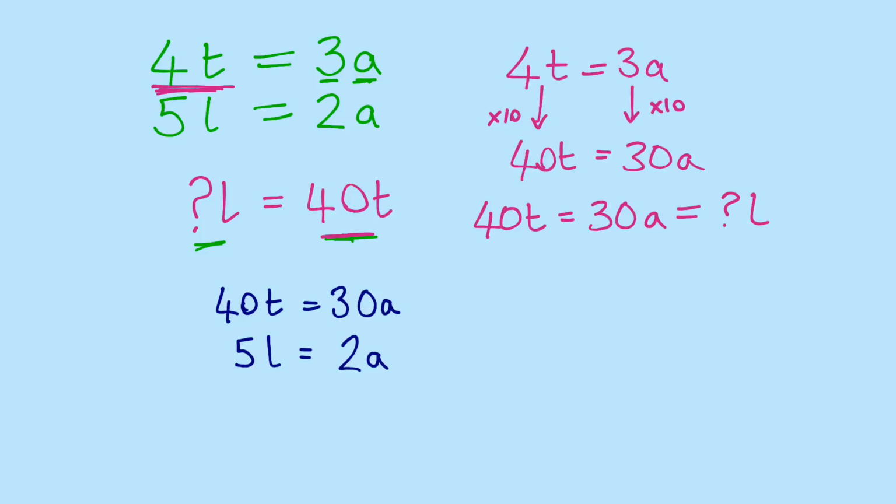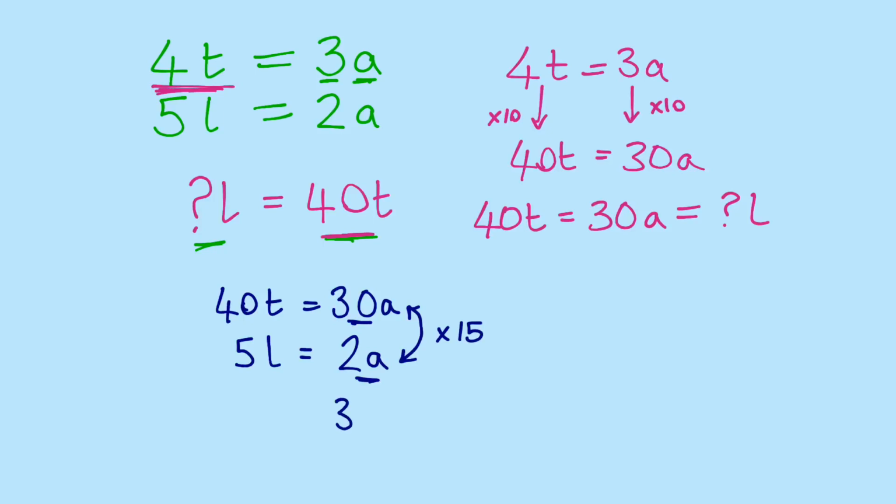So I now want to see what's the relationship between my apples here, 30 apples and 2 apples. How can I get from having 2 apples to having 30 apples? Well, to get from 2 to 30, remember we're always multiplying or dividing. I can see that I'm going to need to times by 15.